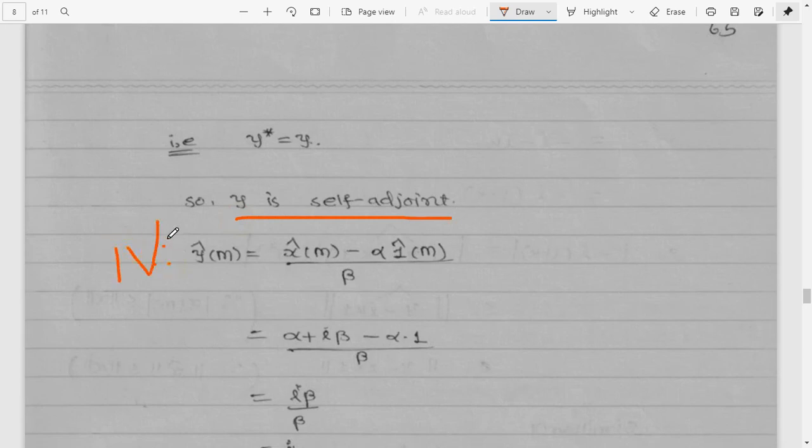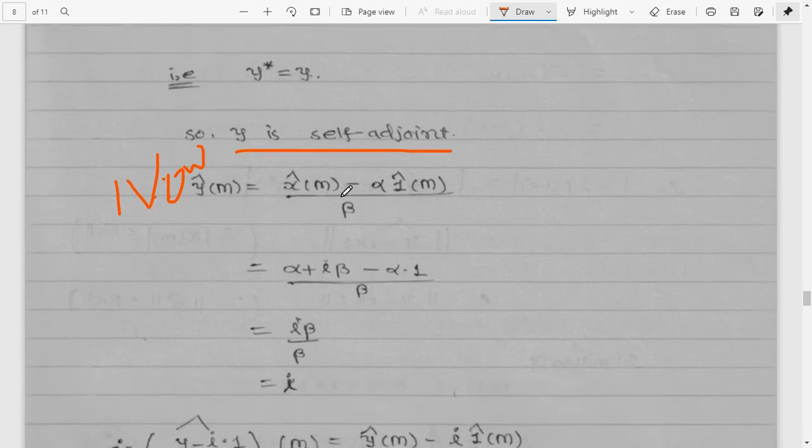Now y cap of m is equal to x cap of m minus alpha into 1 cap of m upon beta. But x cap of m is equal to alpha plus iota beta, minus alpha, into 1 upon beta.